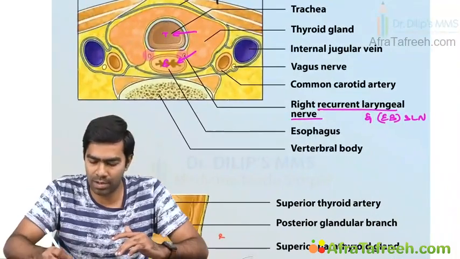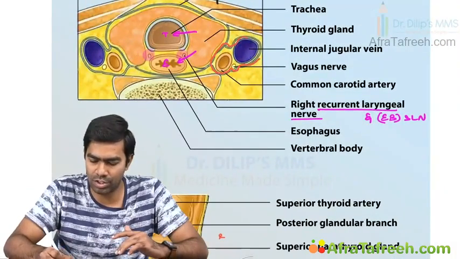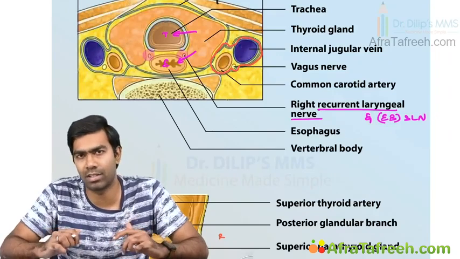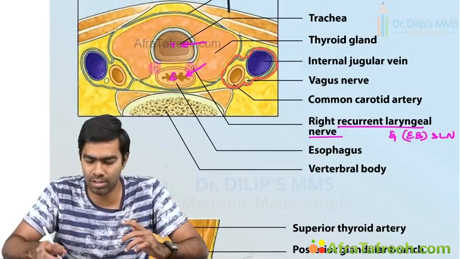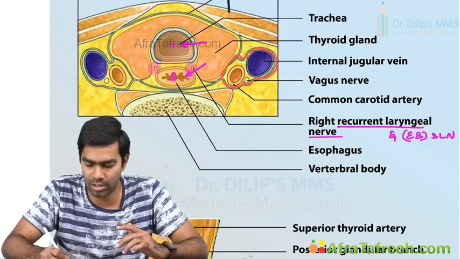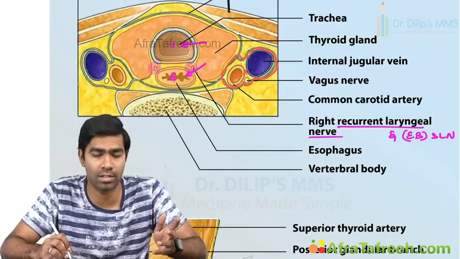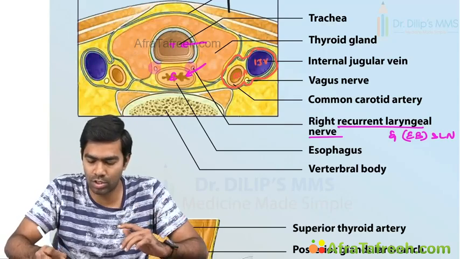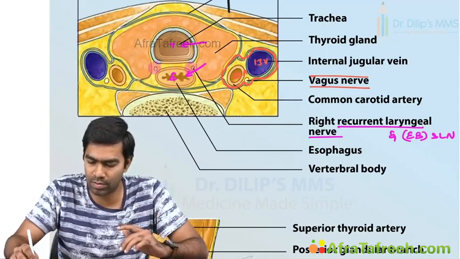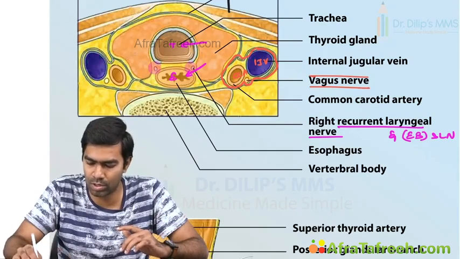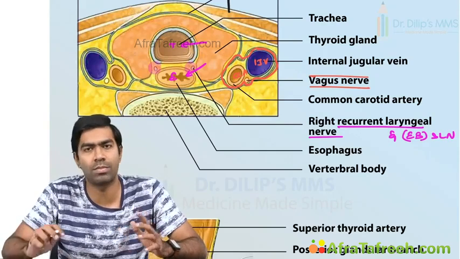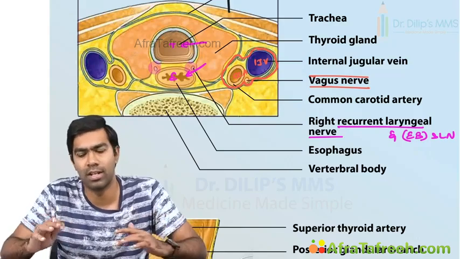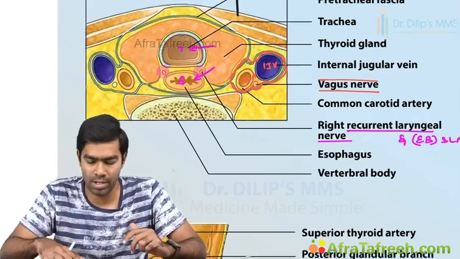At the same time, you have a carotid sheath that contains the vascular structures and the neurovascular structures. This is nothing but the carotid artery, that is common carotid artery, not the internal or external, and your internal jugular vein along with the vagus nerve. So this vagus is also going to be in the carotid sheath only. So this forms a very important posterolateral relationship with the thyroid gland.